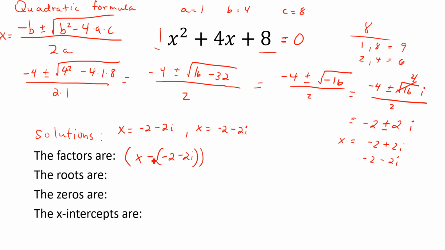You take x and you subtract your solutions or your roots. x minus our other solution, which was negative 2 plus 2i. Sorry, I know I misspoke there. The roots are still the same thing as our solution, so I'm going to put that in.